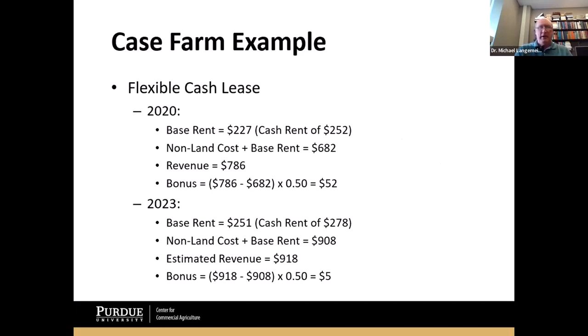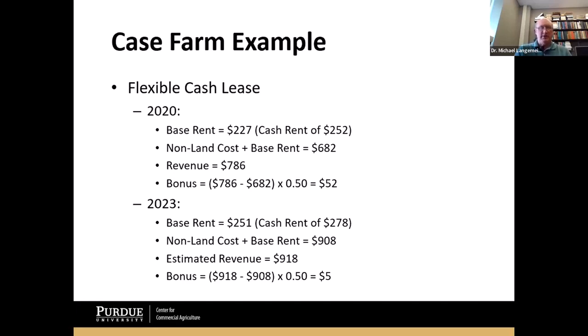The revenue was 786. I used kind of a weighted average price to come up with this revenue of 786. And so in this case, the revenue was above the non-land cost plus base rent. We share that. And so the landowner got $227 plus $52 bonus.